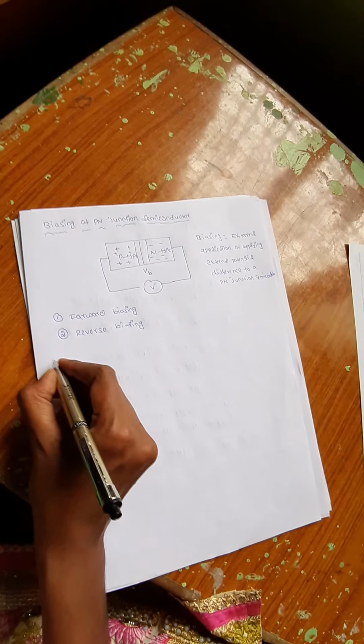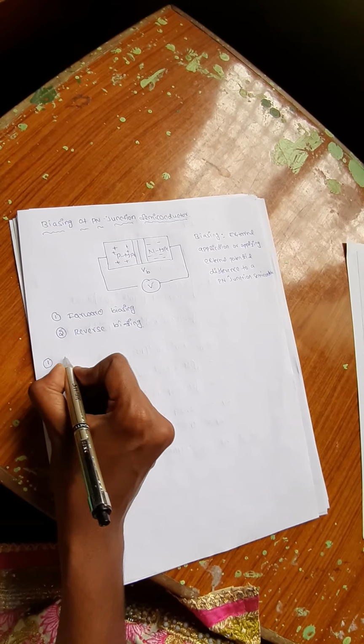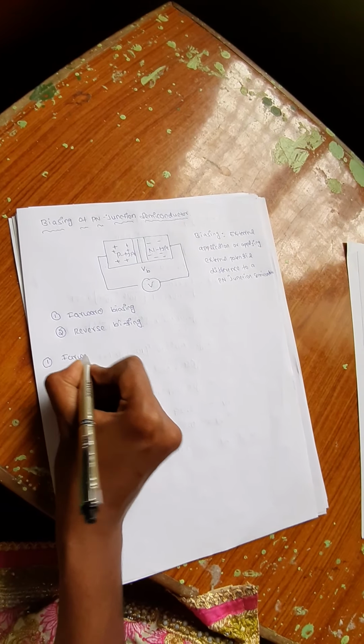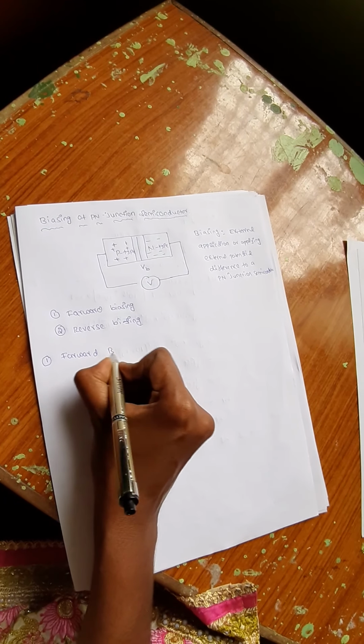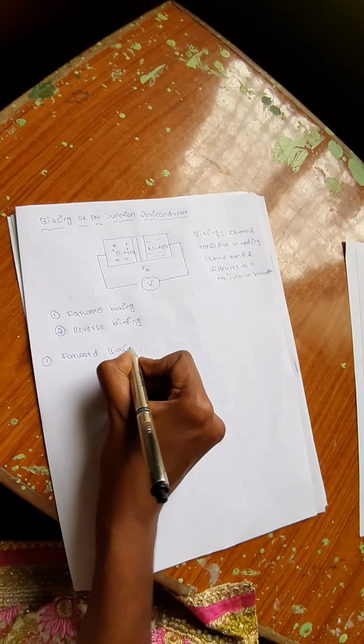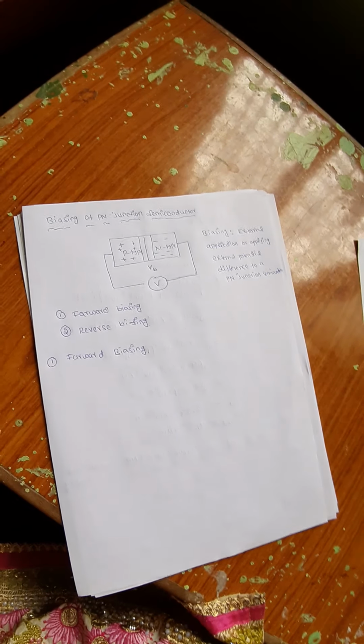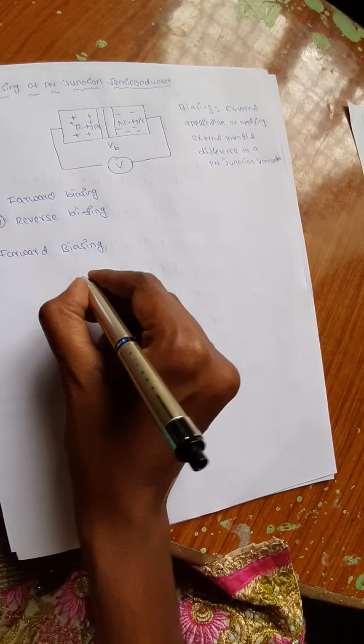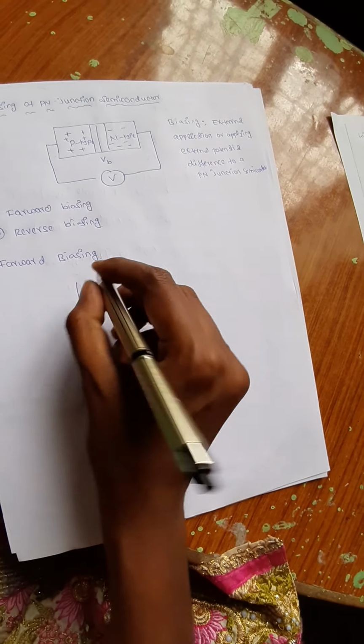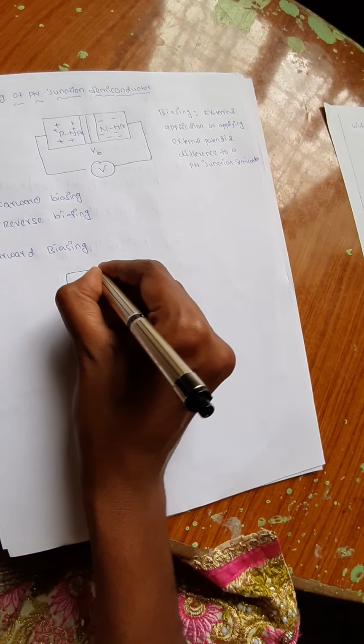Okay, so we first see the forward biasing. Consider the diagram.